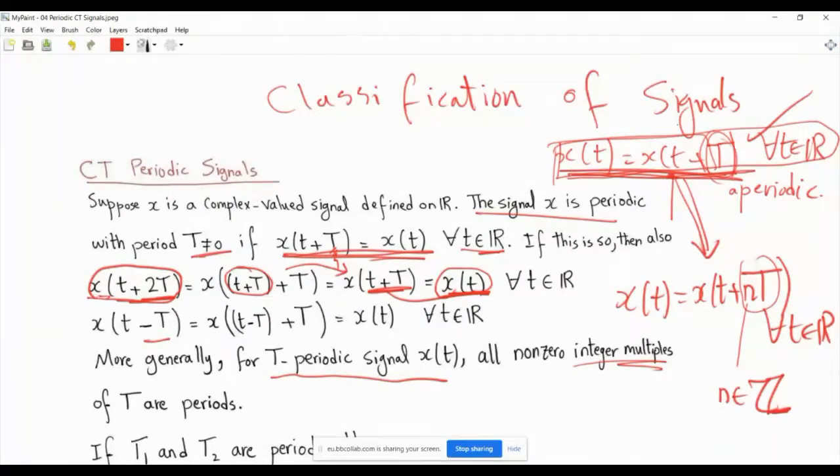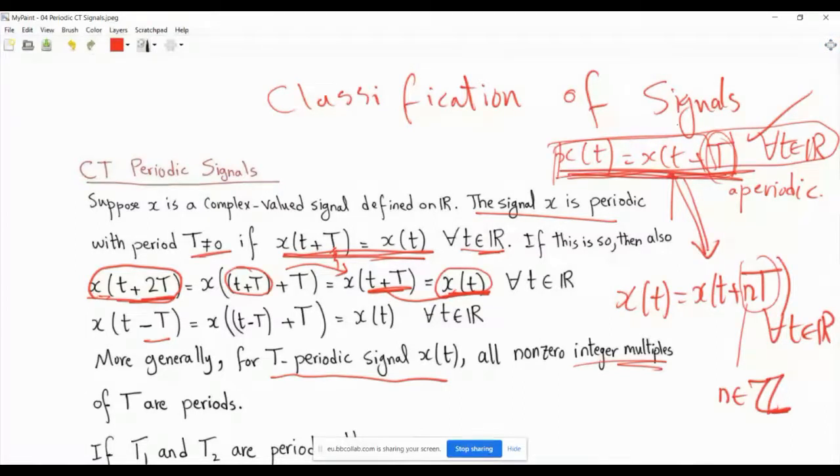For the period itself, let's agree among us, some people actually put in the definition that the period is positive. We don't need this. And actually, to go to multidimensional signals, we do not need this at all. So yes, we can allow the period to be negative.